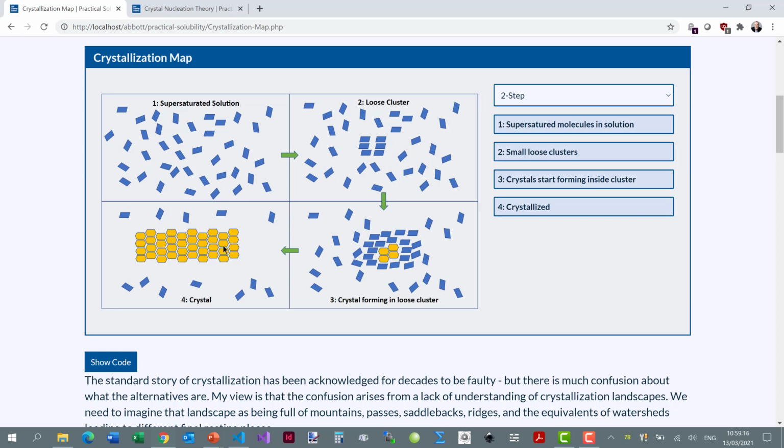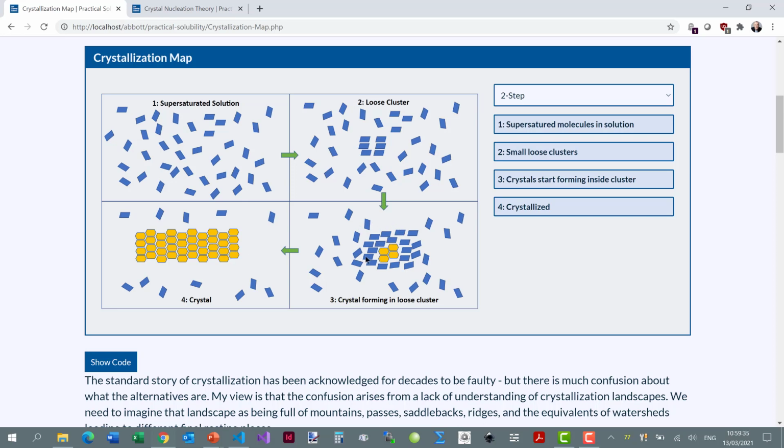There is no doubt that two-step crystallization exists, and it's especially clear in protein crystallization. All the famous papers on two-step nucleation describe this in proteins, and there's lots of evidence for it.